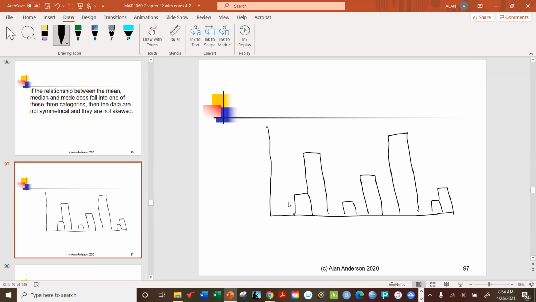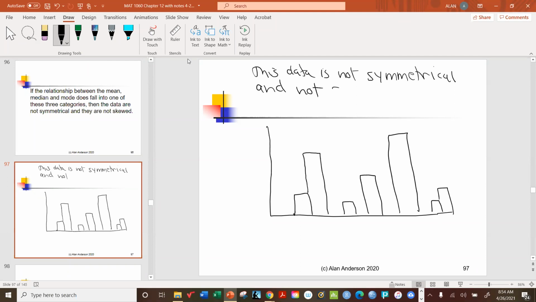There's just data all over the place. So this data is not symmetrical and not skewed. And so a lot of data falls into this category.